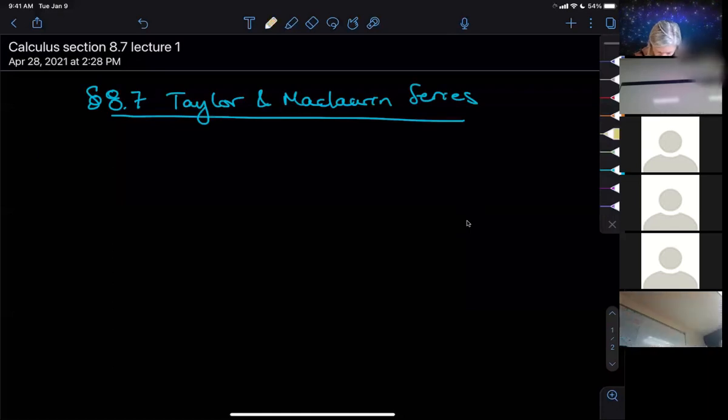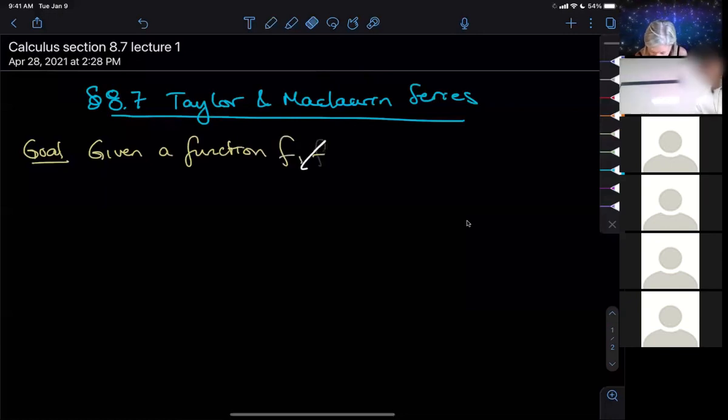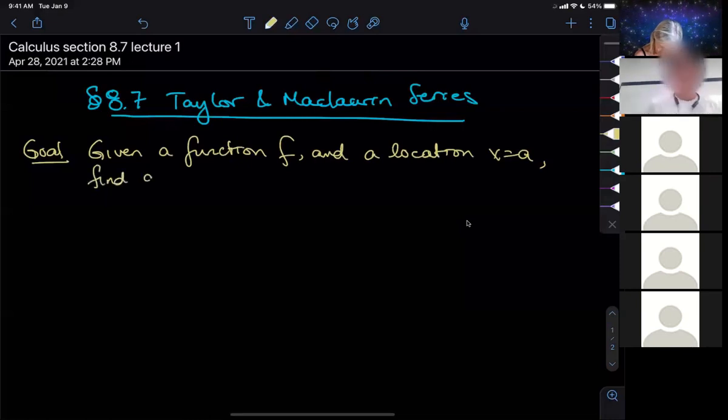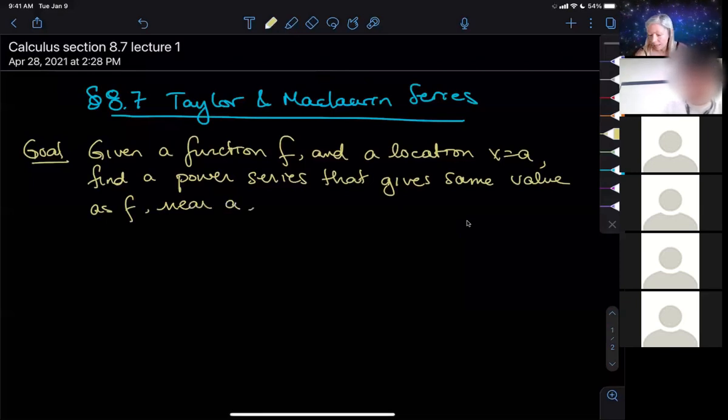So, goal: given a function f and a location a, what we want to do is find a power series that gives the same value that f does near that location. That's the point of this section: how do you find such a power series?